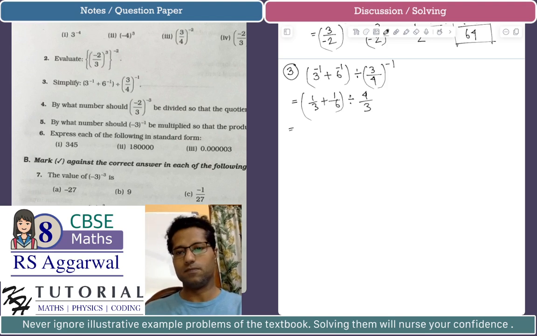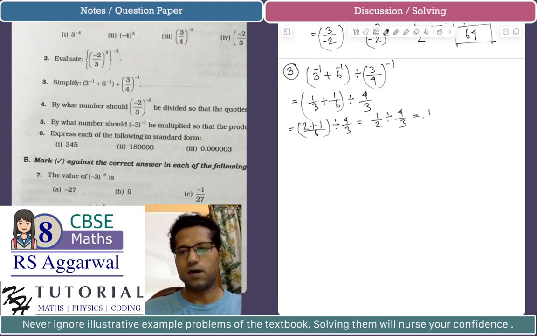So now 1 by 3 plus 1 by 6 is how much? 2 plus 1 by 6, divided by 4 by 3. This is equal to half divided by 4 by 3. This is equal to half multiplied by the inverse of 4 by 3.